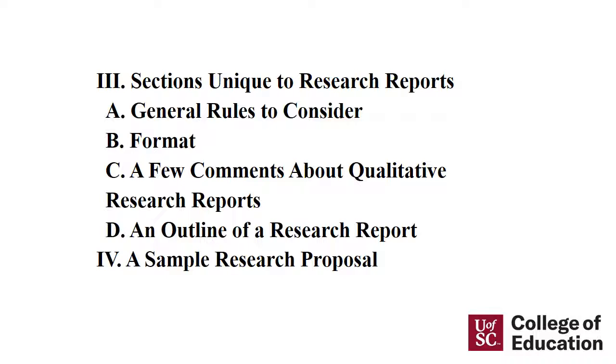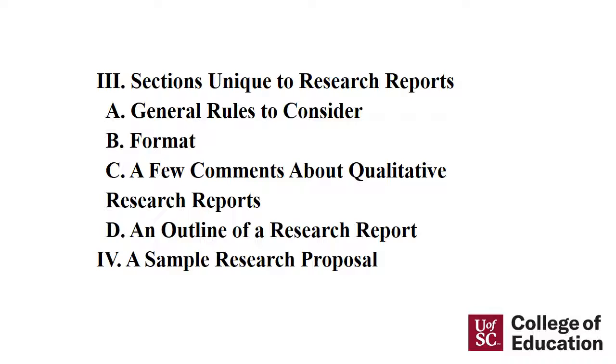Two noticeable characteristics of qualitative reports that are rarely found in quantitative reports are that, 1. Qualitative researchers often write their reports in the first person, and, 2. They often use the active rather than the passive voice.